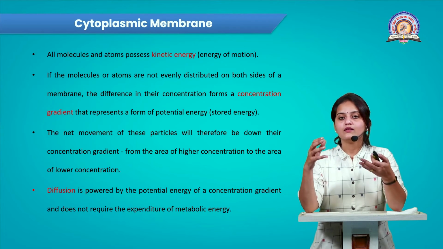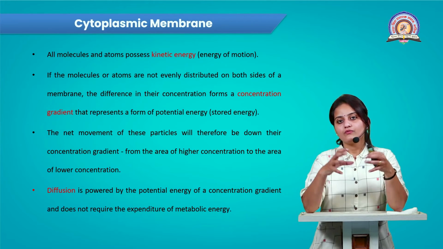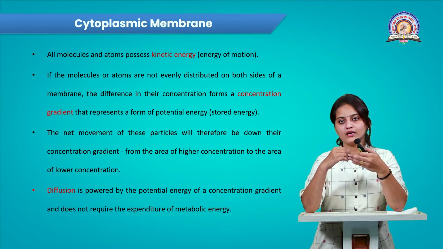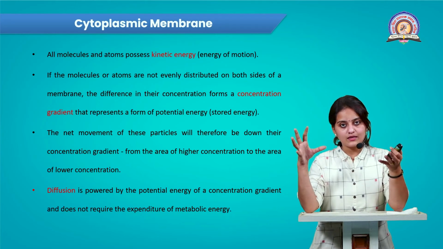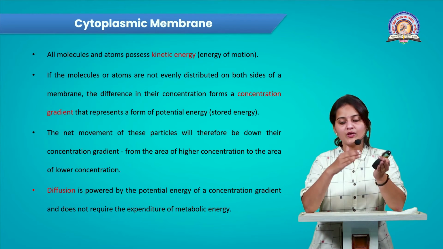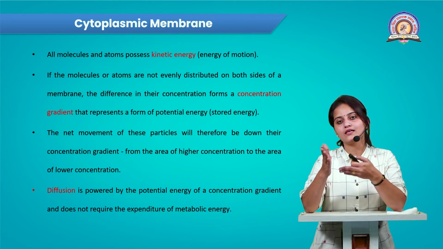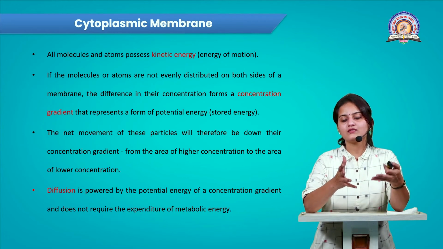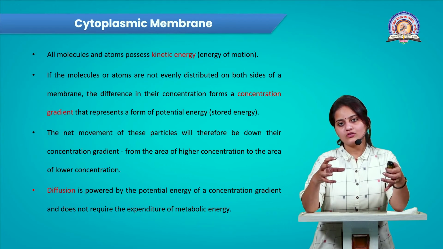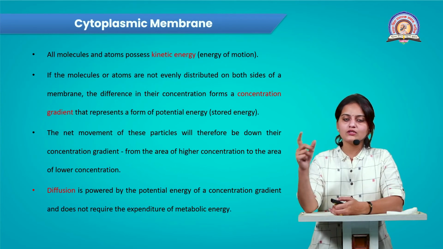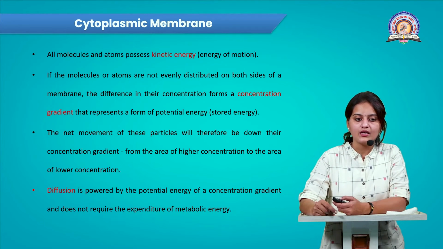They protect the fermented food. How? By disallowing the microorganisms. At that time, because of the semi-permeable nature of the cytoplasmic membrane, what happens? Because of high salt concentration, the cell starts to shrink. So this is how the cytoplasmic membrane functions.